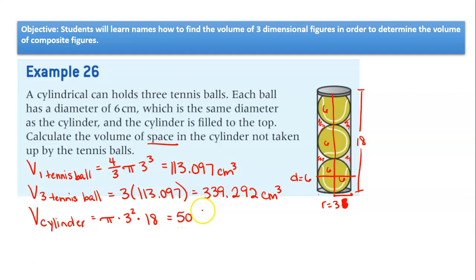Again, I'm going to keep the long decimal for now, so 508.938 centimeters cubed. That's the volume of the cylinder, and this is the volume of the 3 balls. To get the volume of the empty space in the can, we take the volume of the cylinder minus the volume of the 3 balls.